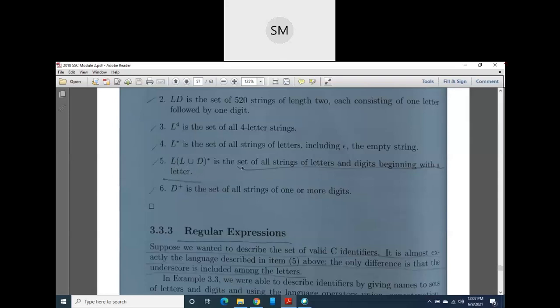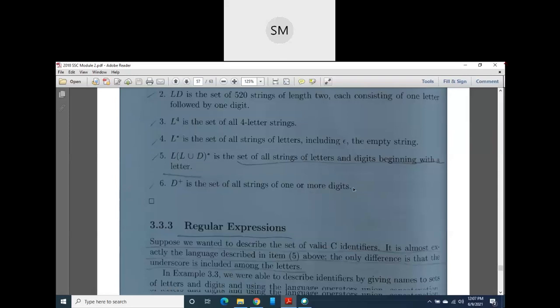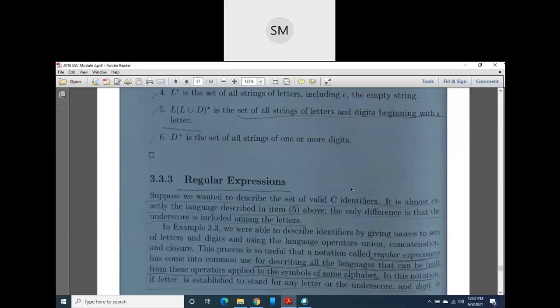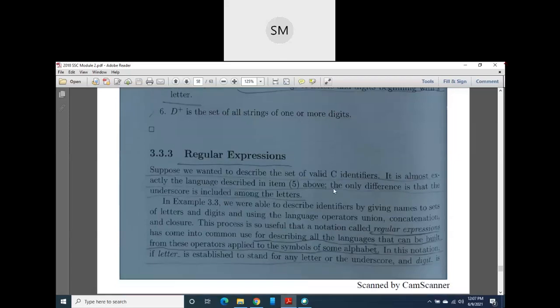But one difference is that the underscore is not included here. If you include that underscore, then it will be our regular expression for representing C identifiers. Now let us see what these regular expressions are.